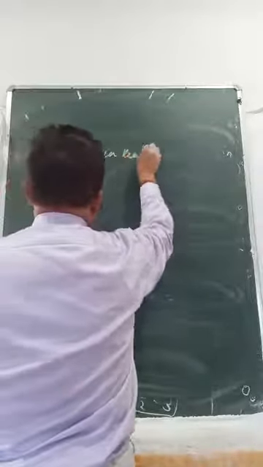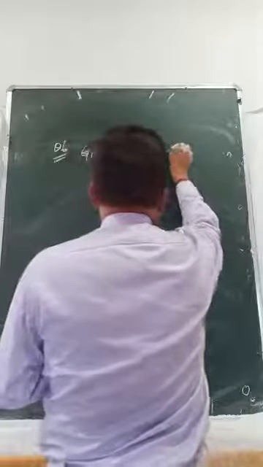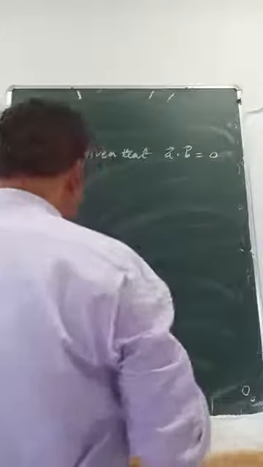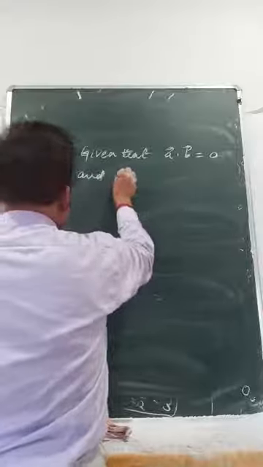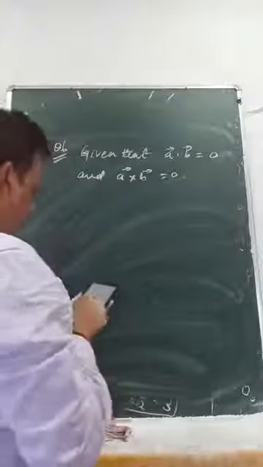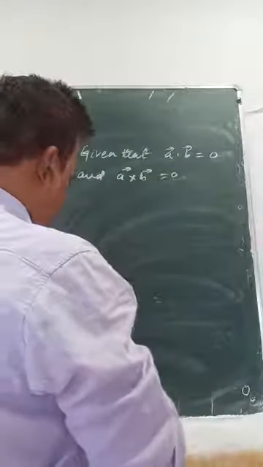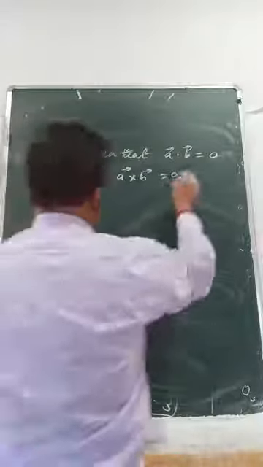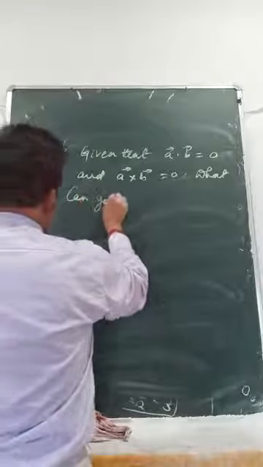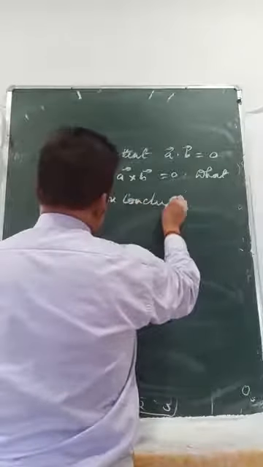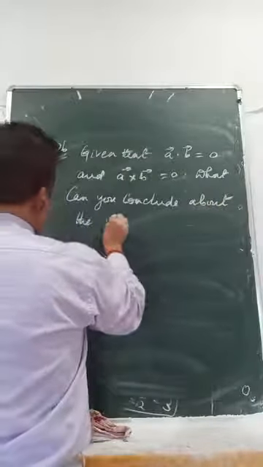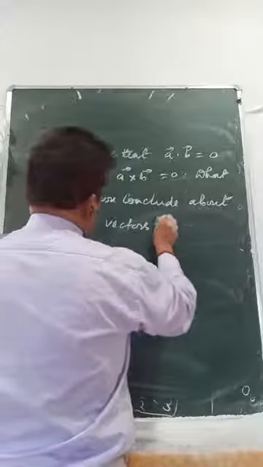Given that A dot B equals 0 and A cross B equals 0, what can you conclude about the vectors A and B?